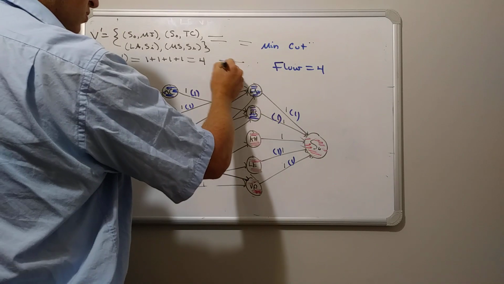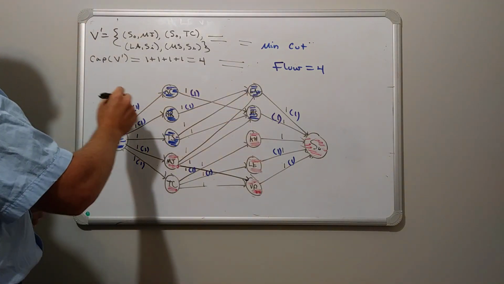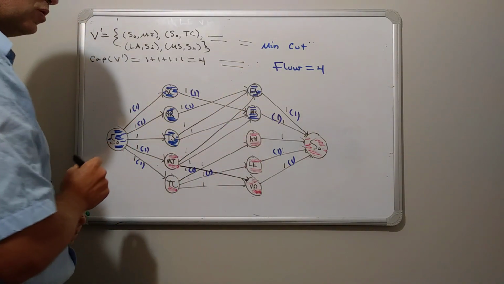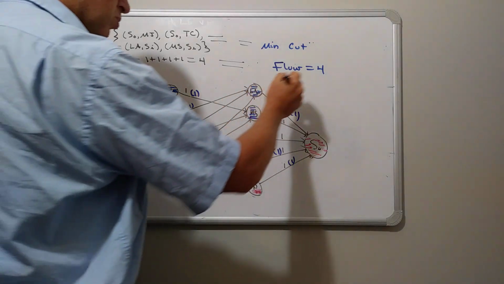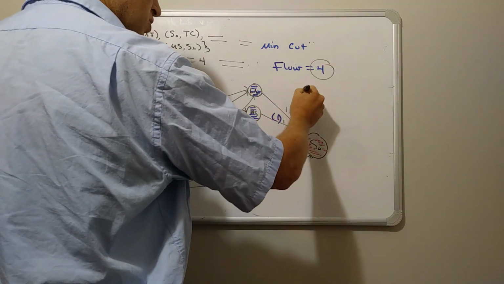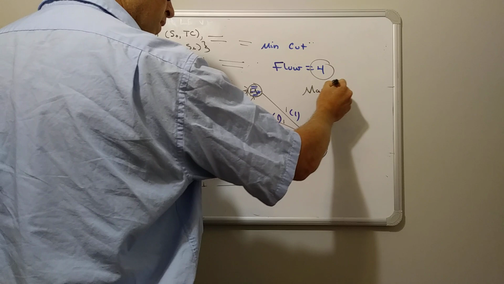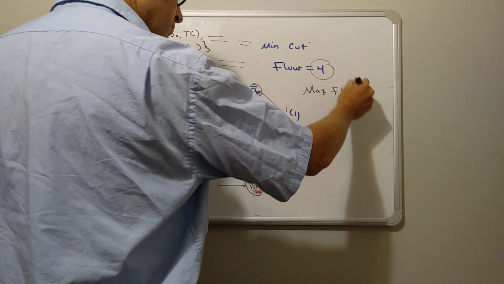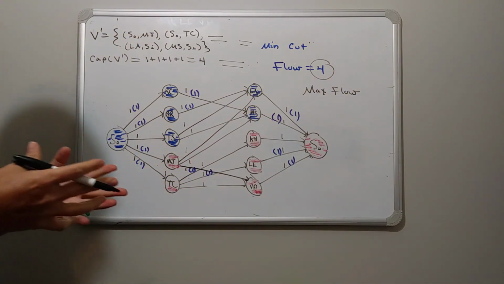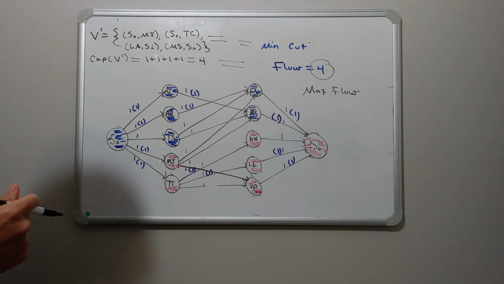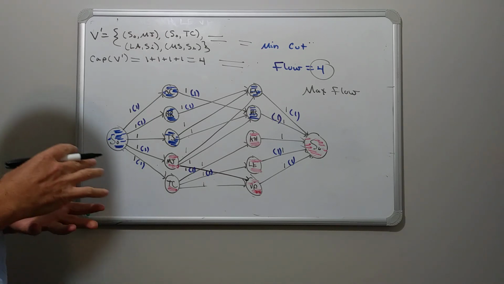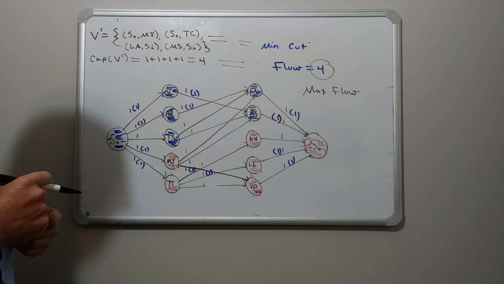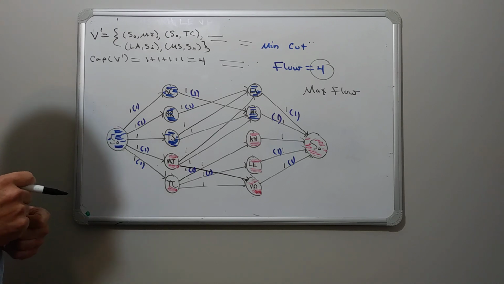So the capacity of the minimal cut is equal to the flow. So that implies that this 4 is the maximum flow. So that's it. The best you could possibly do is 4 matches. You cannot do any better than that.